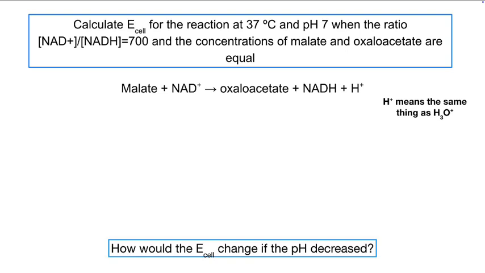So we've been given a whole slew of extra information. As soon as we see concentrations, we should immediately be thinking, what thing controls concentrations? Our equilibrium constant, our K. But in cell potentials, if we're at equilibrium, what's our cell potential? For our cell potential, what's happening?